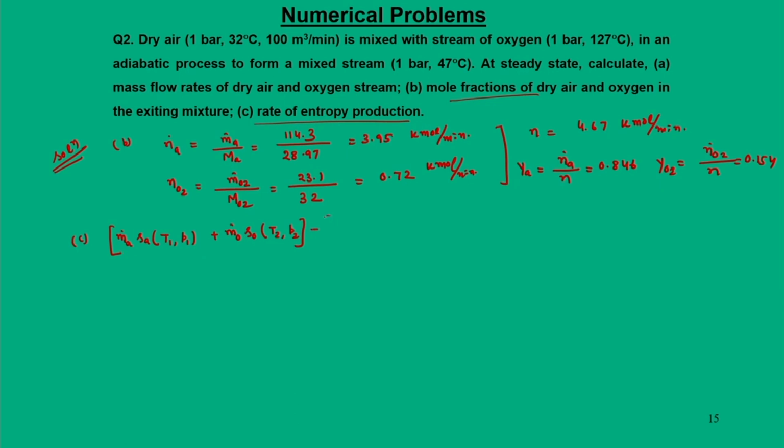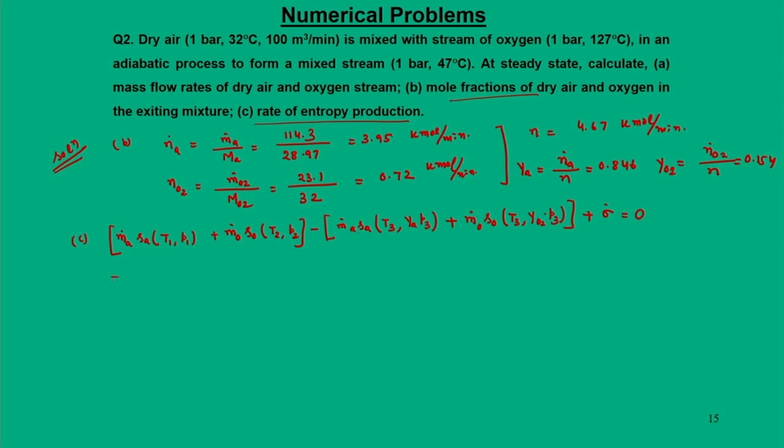The final state will have m dot A SA at temperature T3, and air is at its mole fraction times the final pressure P3, plus m dot O, the entropy for oxygen calculated at temperature T3, and the pressure is the partial pressure of oxygen, YO2 times P3, plus sigma dot is equal to 0.